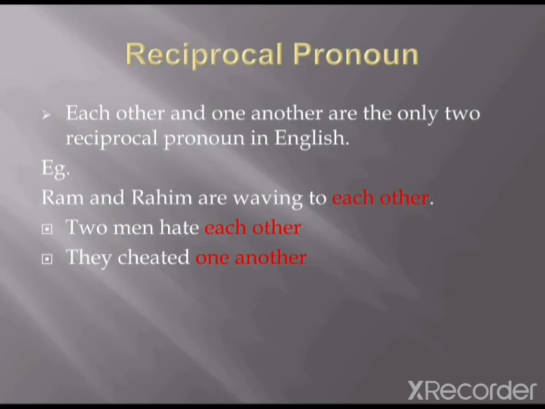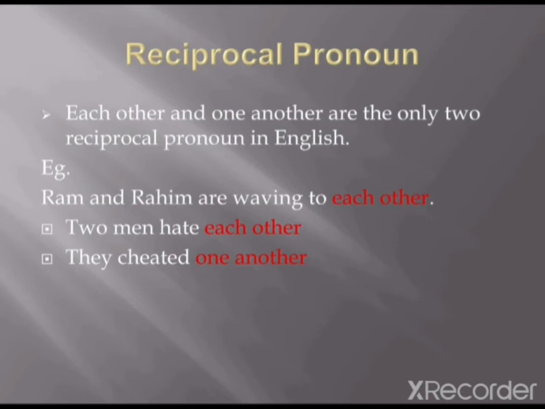Examples of reciprocal pronouns are each other and one another. There are only two reciprocal pronouns, that is each other and one another. Each other is usually used when speaking about two people or things. One another is frequently preferred when there are more than two people, but it is not a rule that must be strictly followed.